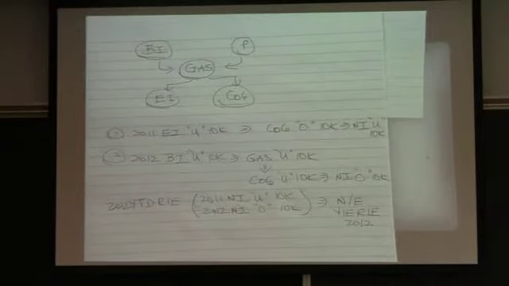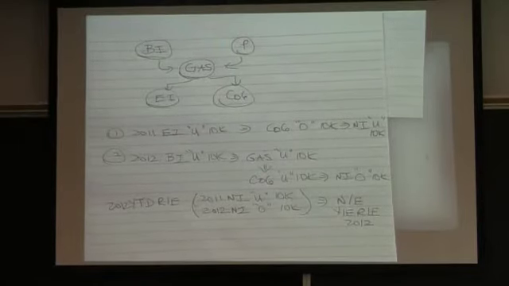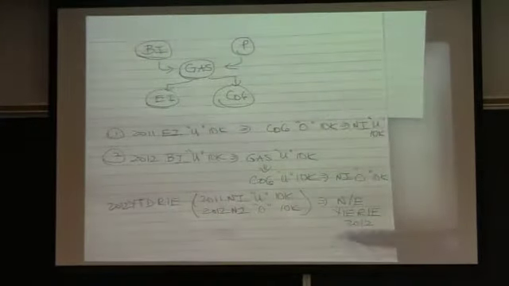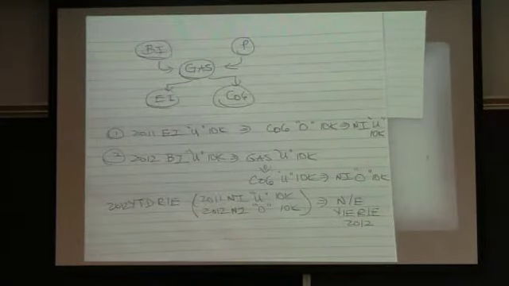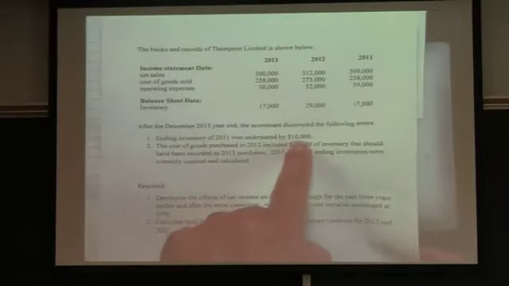So I wanted to go through the long way of explaining the effect of errors. Now, obviously, you'll see that for 2013, there is no effect because the error usually fixes itself in 2 years, at the end of the second year. So let's go back to the first error again. It says ending inventory was understated by 10.